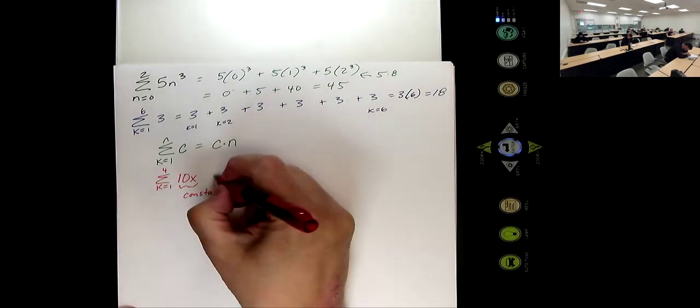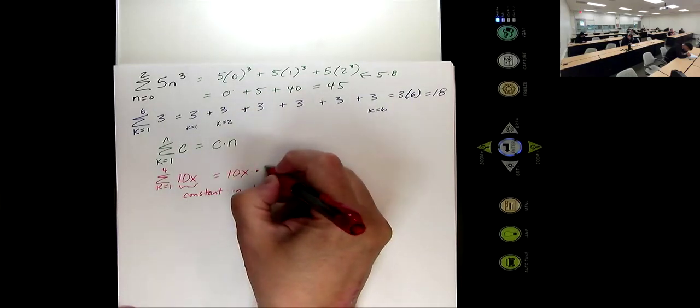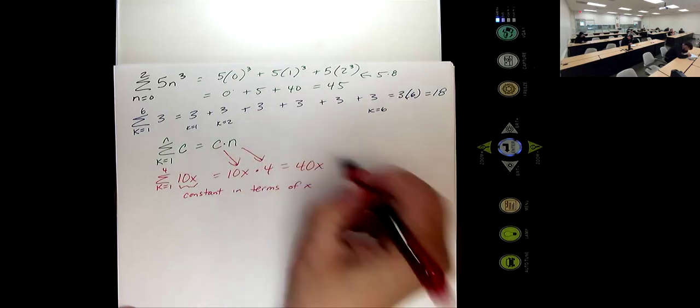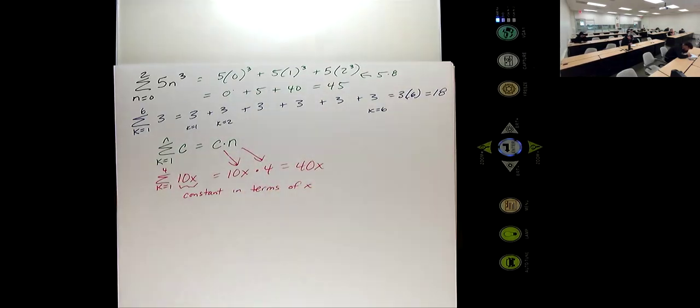So it's just going to be 10x times 4, C times N, 40x. It's sneaky. I don't know if they have any problems like that in the homework or not, but it's designed to make you pay attention. You have to make sure that the letter matches.